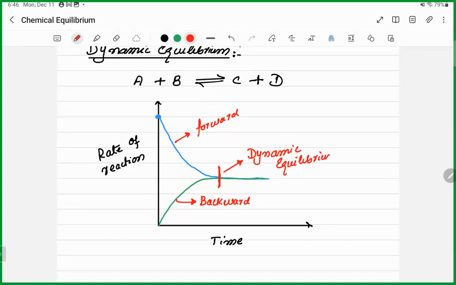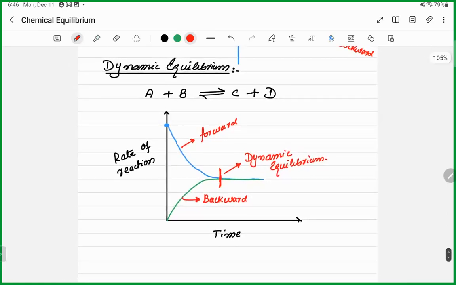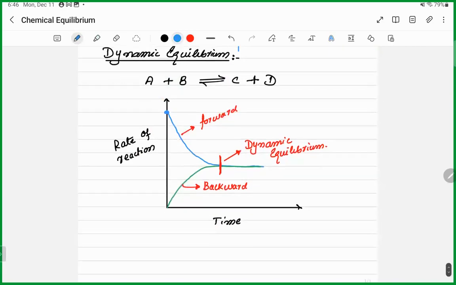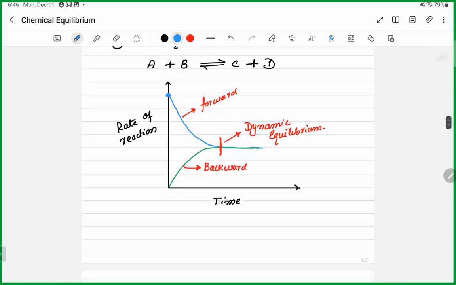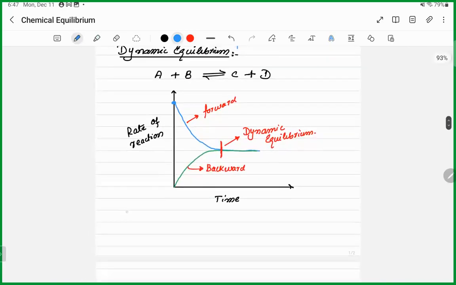Dynamic equilibrium. So if I ask you to define dynamic equilibrium, तो आप क्या कहेंगे? In a reversible reaction, when the rate of forward reaction becomes equal to the rate of backward reaction, it is called a dynamic equilibrium. So I'm just going to give you the definition here.